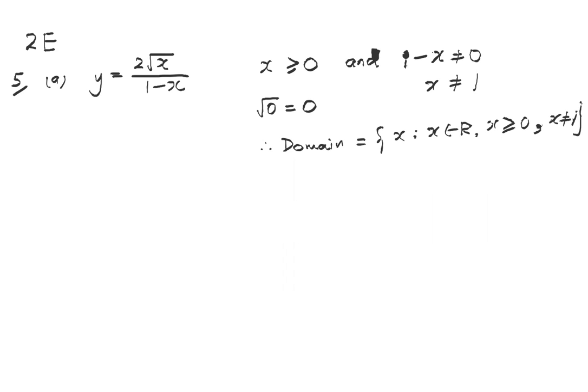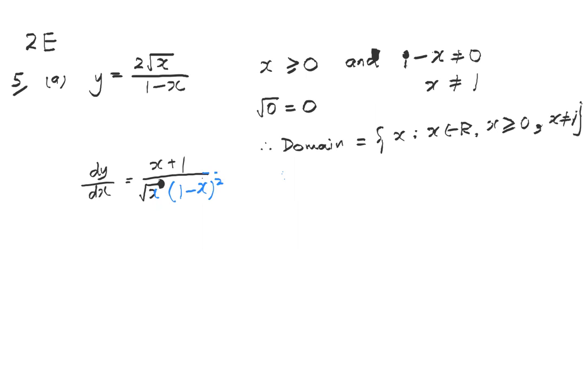Okay, so for the dy/dx, you get x plus 1 over square root of x, and 1 minus x, the whole thing squared, correct?